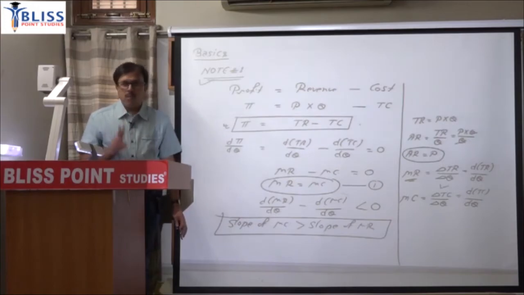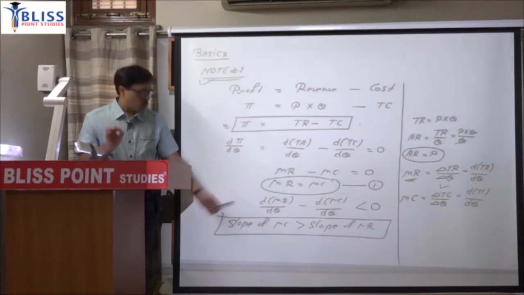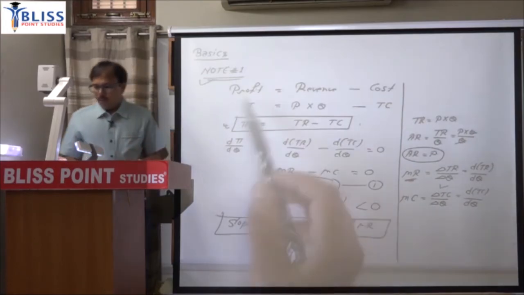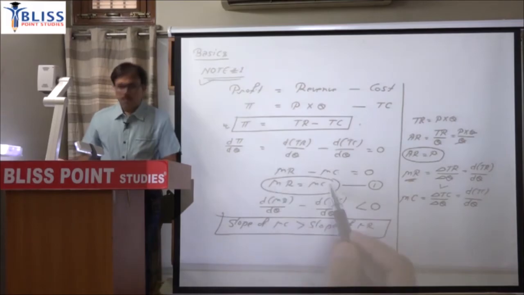Profit of firm gets maximized when two conditions are satisfied: MR equal to MC and slope of MC greater than slope of MR. Just remember these two equations. Profit gets maximized when MR equal to MC and slope of MC is greater than the slope of marginal revenue.